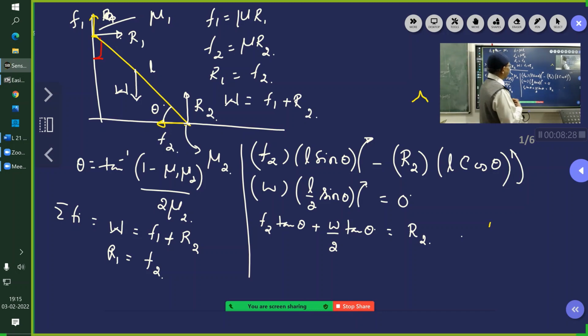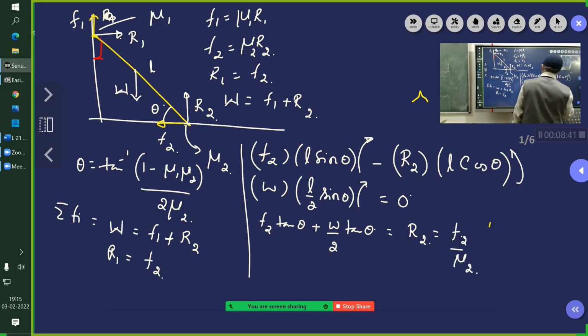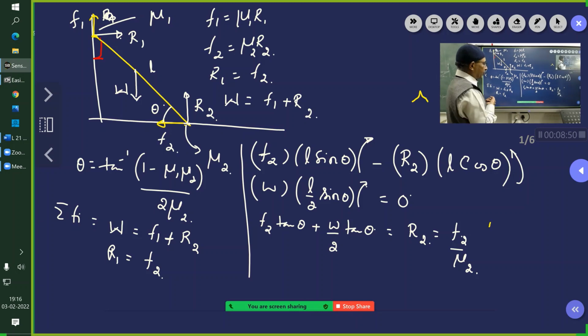So R2 is equal to F2 by mu2, where this is mu1 and this is mu2. In the equation we have to eliminate W also, and W is equal to F1 plus R2.